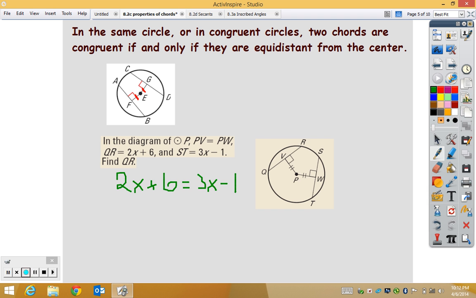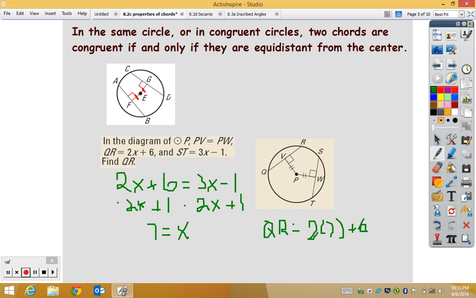If we subtract 2x from both sides, and also add 1 to both sides, we get 7 equals x. Now to find QR, we plug 7 in for x. We get 2 times 7 plus 6. 2 times 7 is 14, plus 6. QR equals 20.